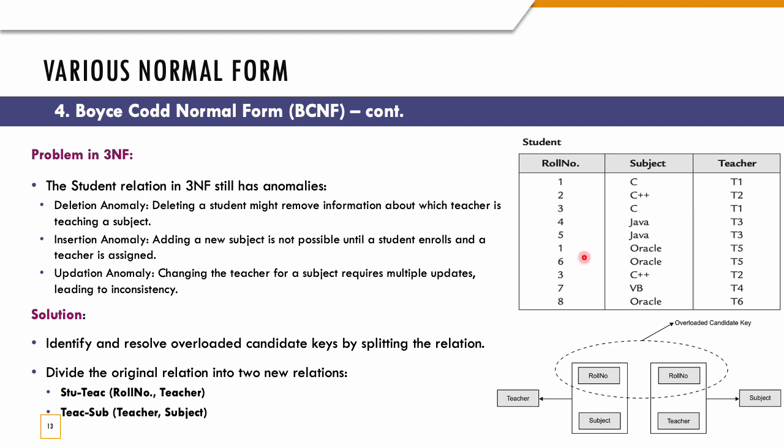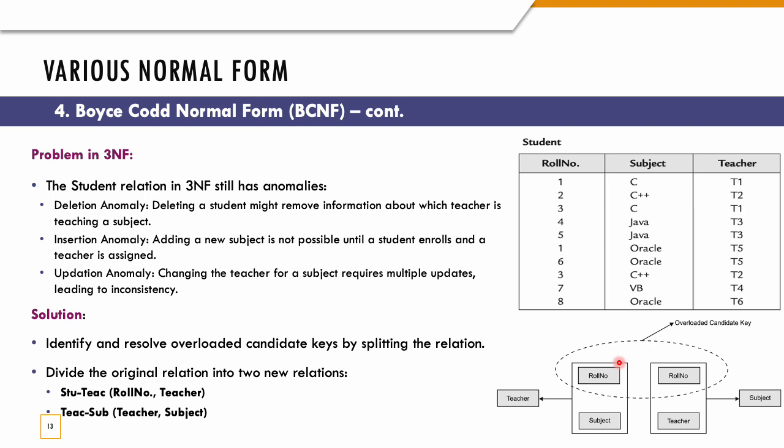So the issue over here is about the overloaded candidate keys. As you can see, in this table the roll number is overloaded, meaning that it is part of both candidate keys and connects multiple pieces of information.